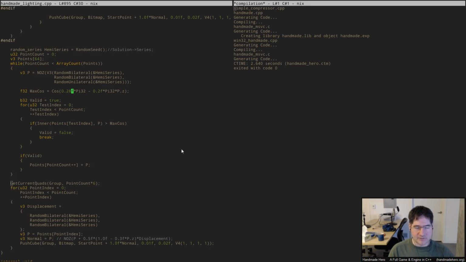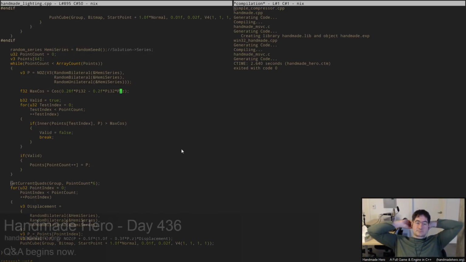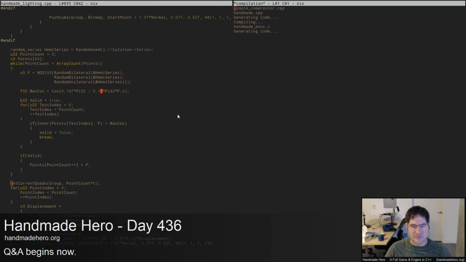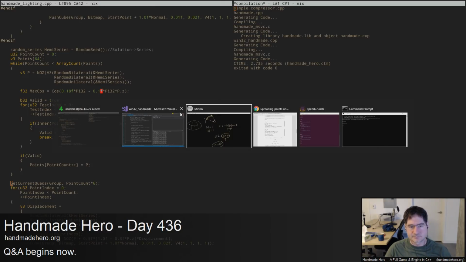So the value inside has to go up, right? Sorry, this value needs to be lower so that the max cosine will be higher, right? So this has to get knocked down. I'm not sure to where exactly, but it has to be knocked down significantly, so we can just do a quick test to see.